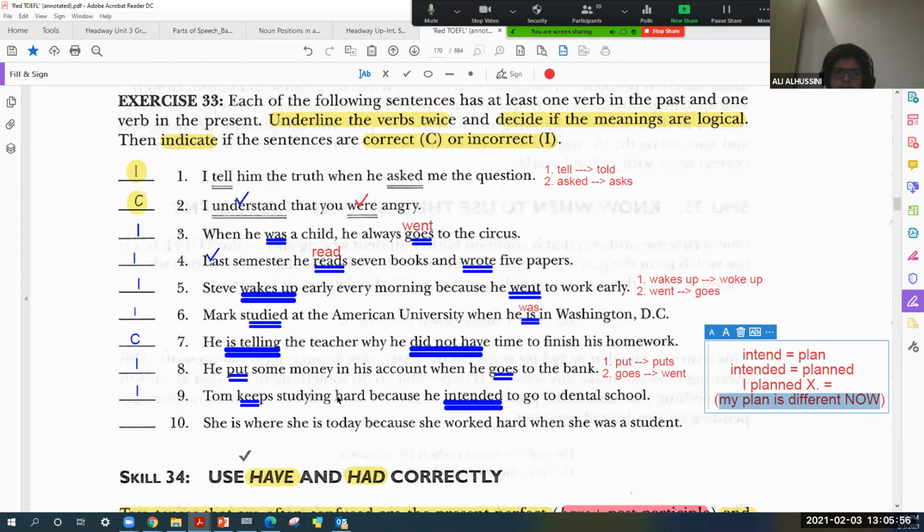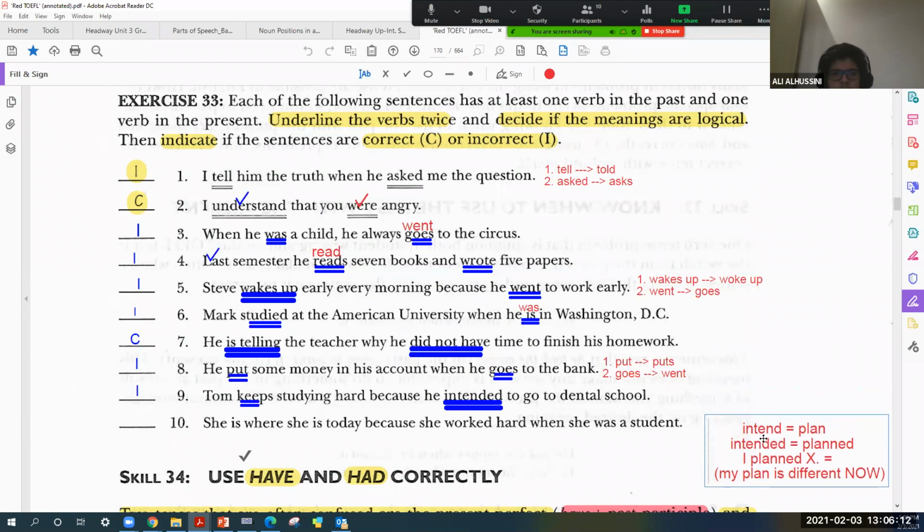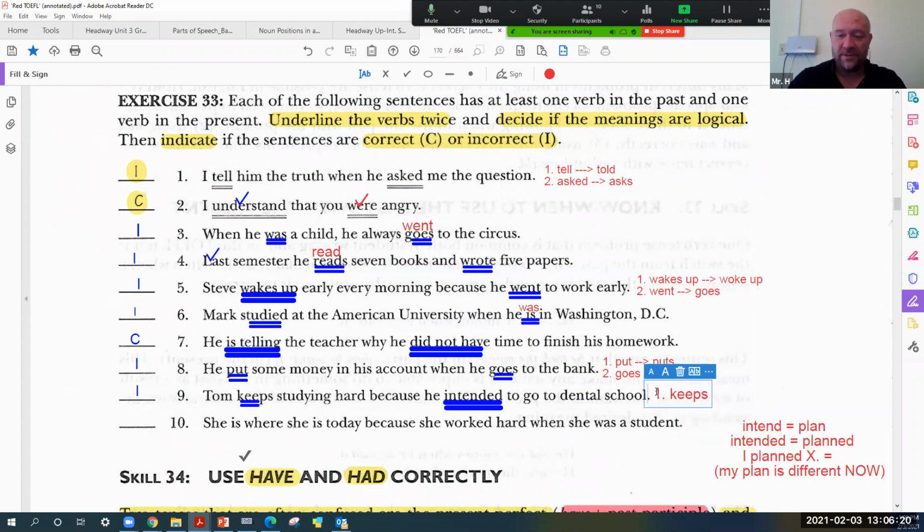Yes. So how do I fix this example then? Is there only one way to fix it? No, two ways. You can change studying. So I could say, instead of keeps, what do I put?